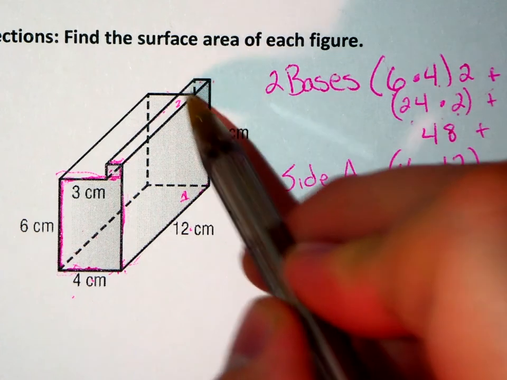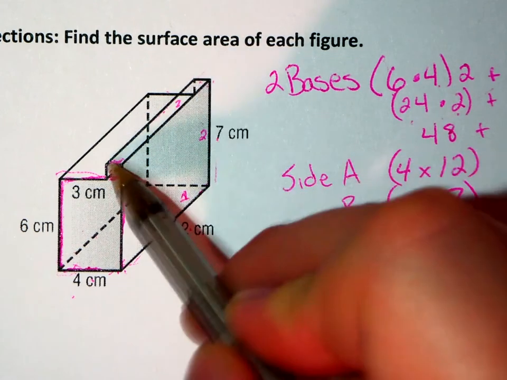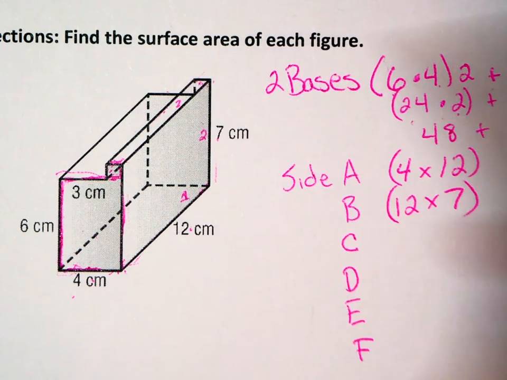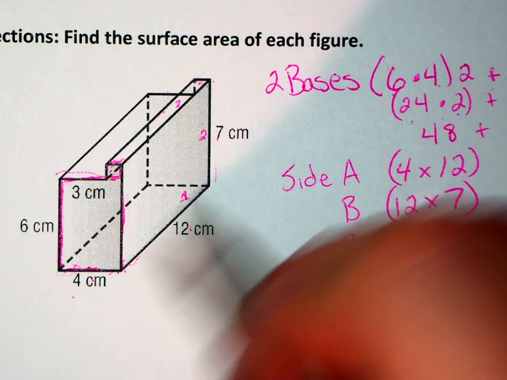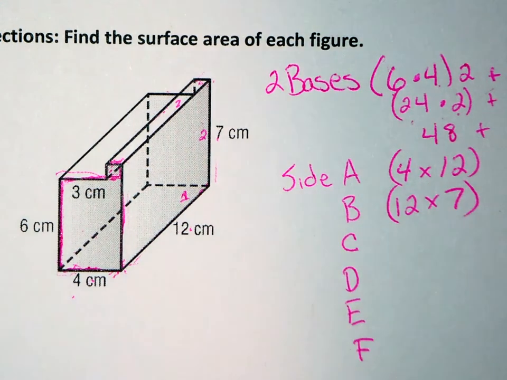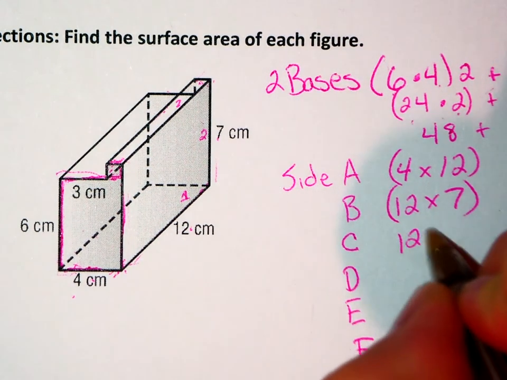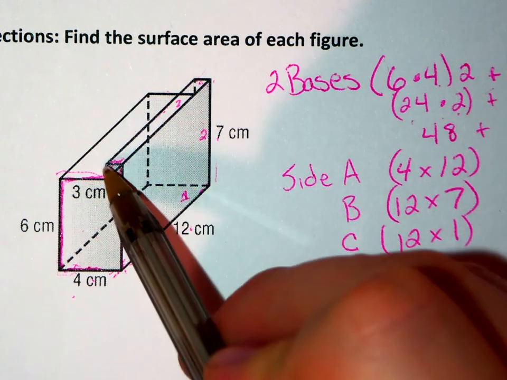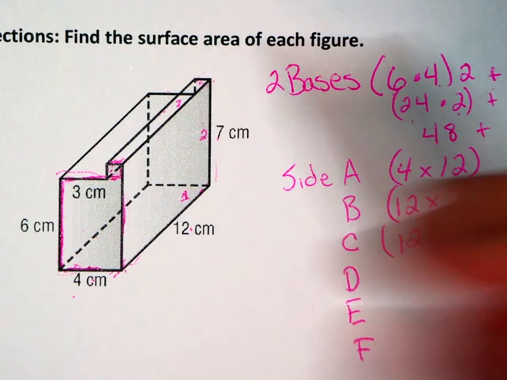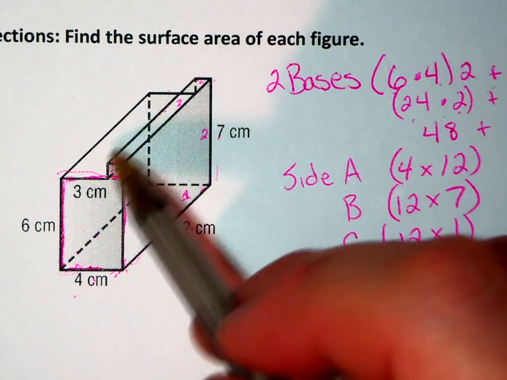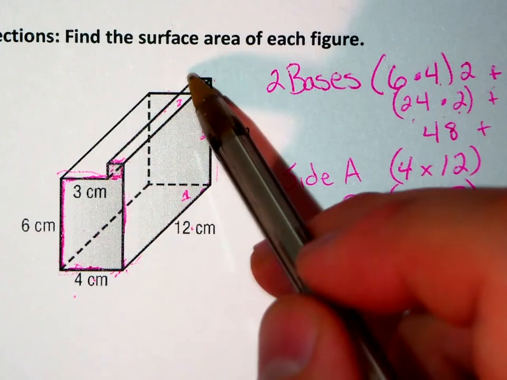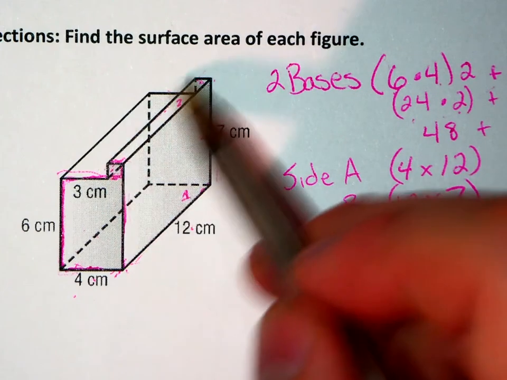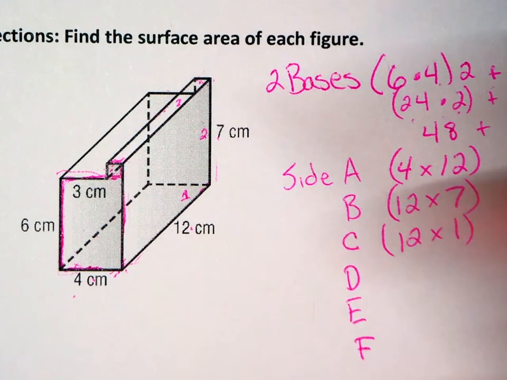Now working across the top, I have this thin strip up top, which we already said was a length of 1, and it's got a long edge of 12. So 12 times 1. Now this inside lip that we can't see because it would be behind the 3-dimensional shape is also 12 long, but it's got a height of 1.